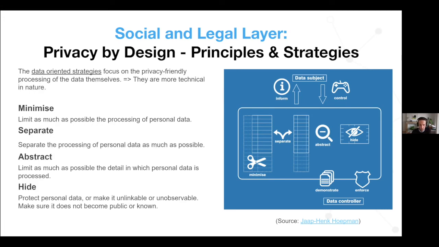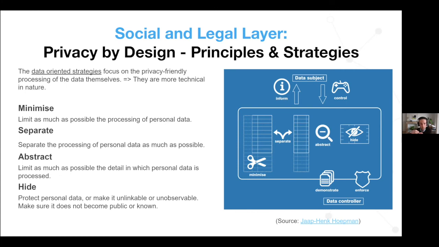So the data-oriented ones just say that we need to minimize data. If we can do the same thing with less data, then it's always optimal to go for the minimal subset of data. We need to separate the data as much as possible to make sure that it's harder to identify or combine data in the end. Then we need to abstract.